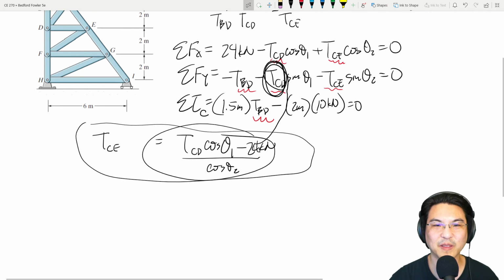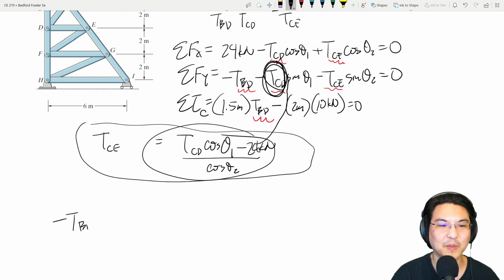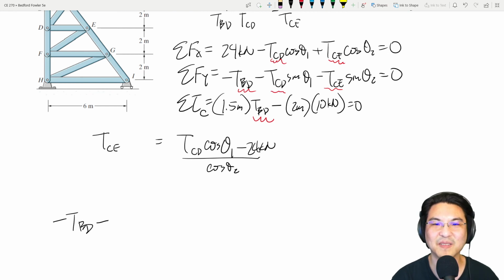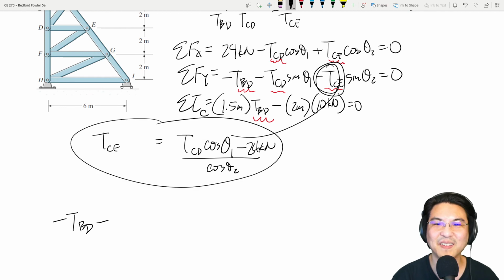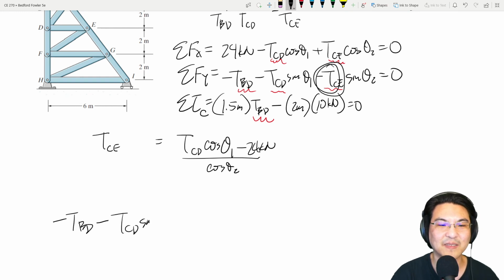So then when you write this equation here, it's minus TBD minus T, sorry, wrong place. Over here. I circled the wrong thing. Okay, so I'm writing this equation right now. Minus TBD minus TCD sine theta 1 minus TCE sine theta 2.